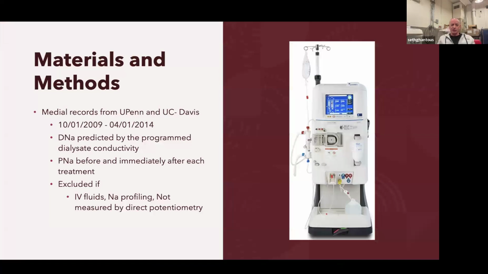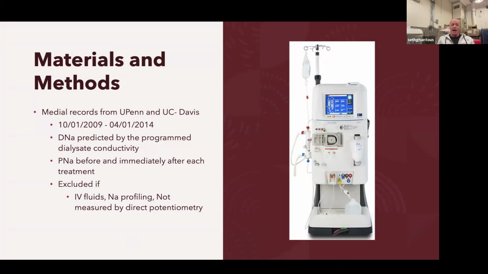For the materials and methods, the medical records from both the University of Pennsylvania and UC Davis from October 1st, 2009 to April 1st, 2014 were reviewed. They were looking for dogs that were receiving intermittent hemodialysis.